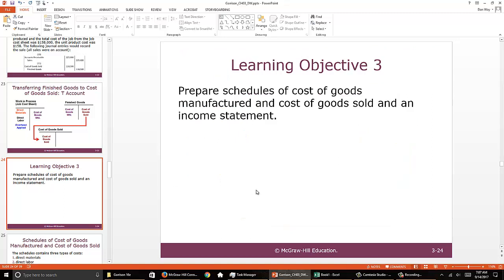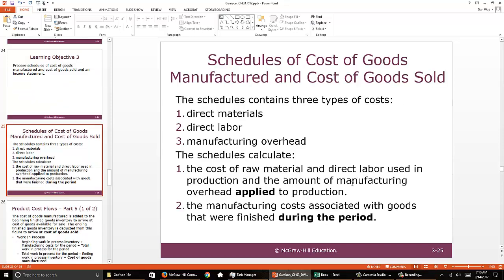Learning objective 3 for chapter 3 was to prepare schedules of cost of goods manufactured and cost of goods sold, and then an income statement. So our schedules of cost of goods manufactured and our cost of goods sold contain 3 types of costs: direct materials, direct labor, and manufacturing overhead.